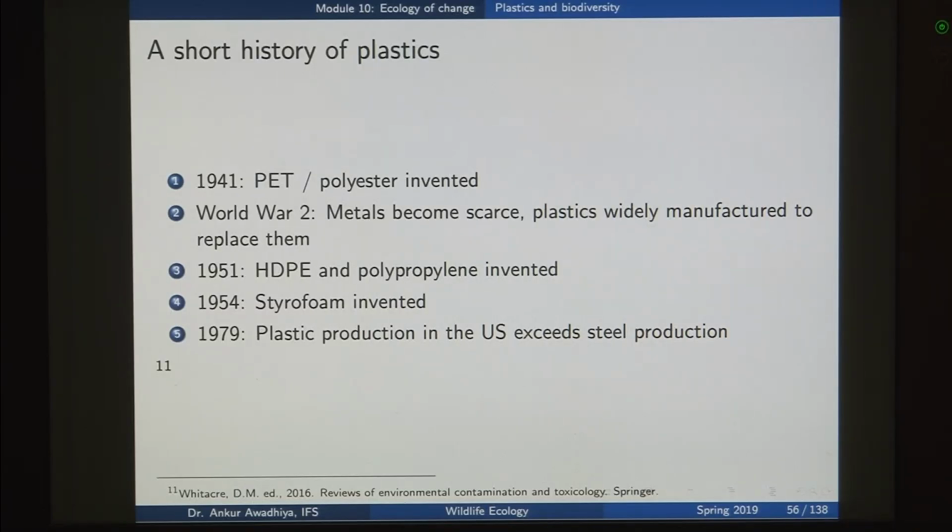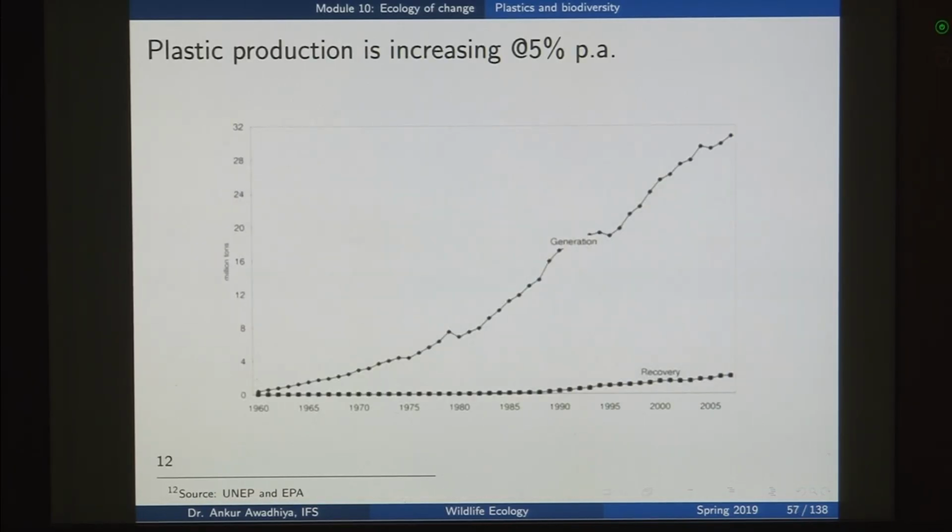And by 1979, the plastic production in the US started to exceed the steel production, and this has continued since then. In fact, every year the amount of plastics produced is more than what was produced in the last year. The plastic production is increasing at the rate of 5% per annum. Now, what happens to all of these plastics?